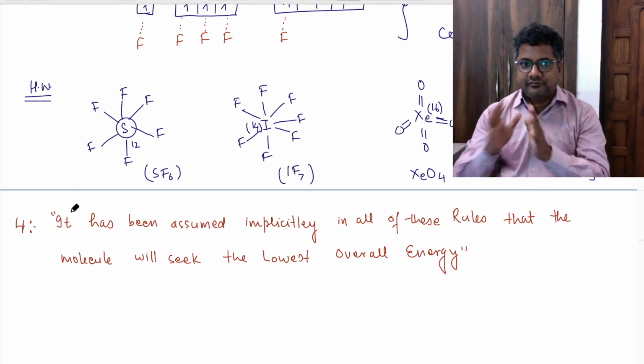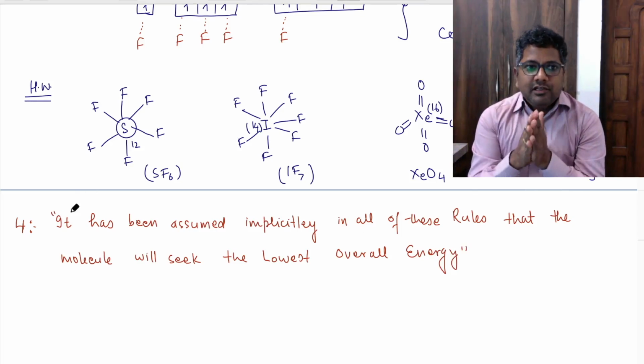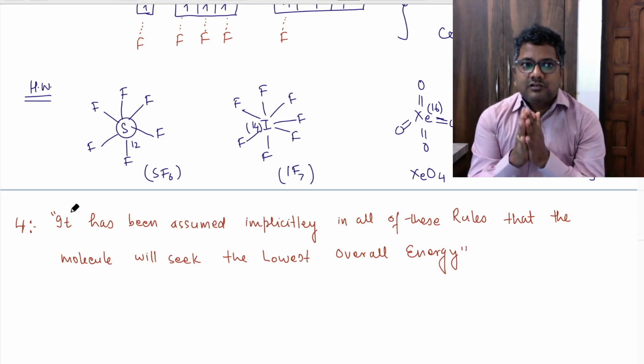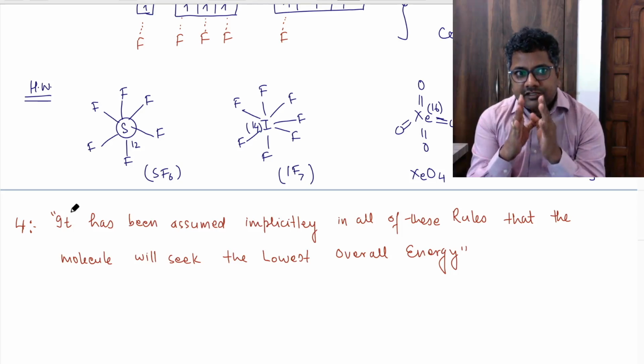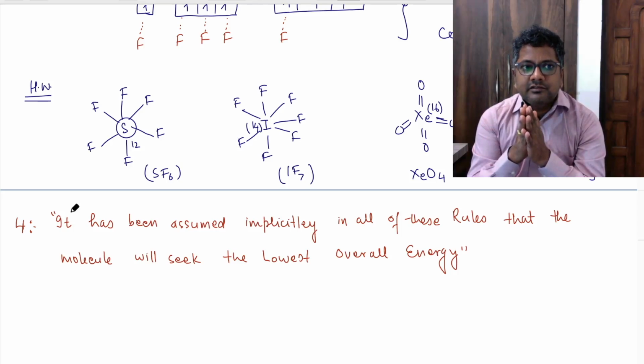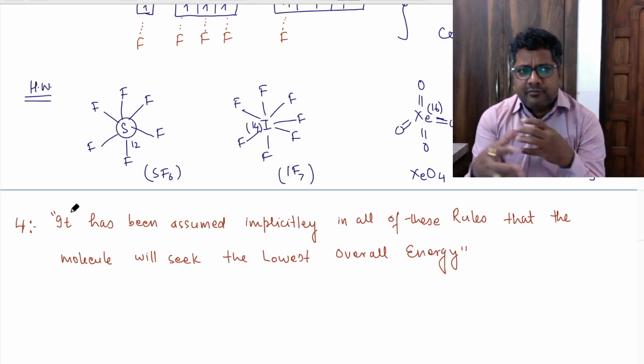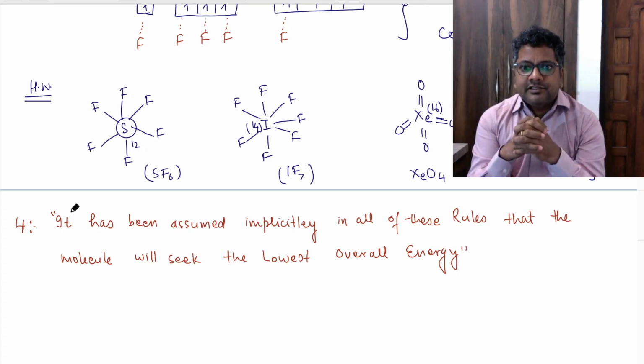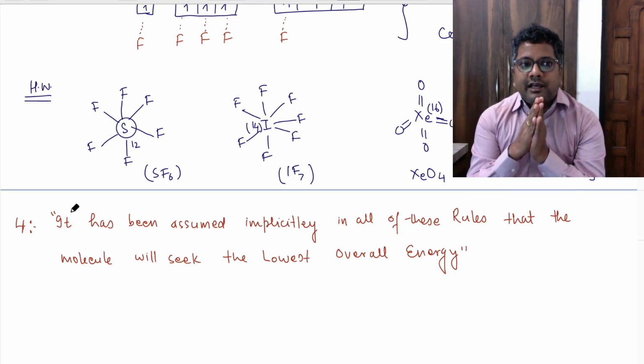See, whether the molecule obeys the octet rule or does not obey the octet rule, that is not the criterion for the existence of any molecule. The criterion is energy. Total energy means the resultant of repulsion and attraction. If the resultant total energy of a molecule is overall lowest, the molecule will exist and everything is fine.